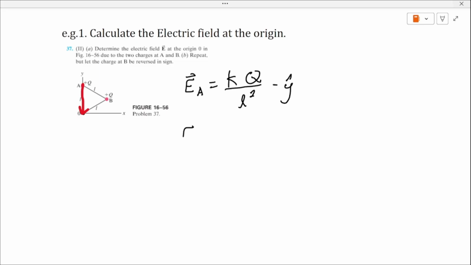And the electric field due to B is equal to KQ over L squared, but this time it's directed on an angle 30 degrees from the origin.